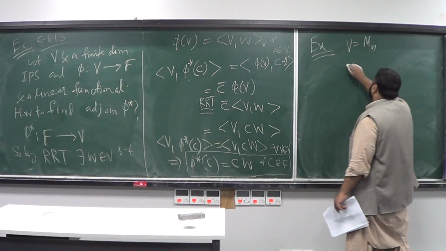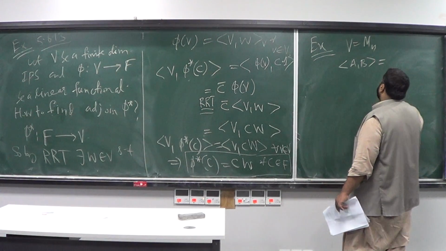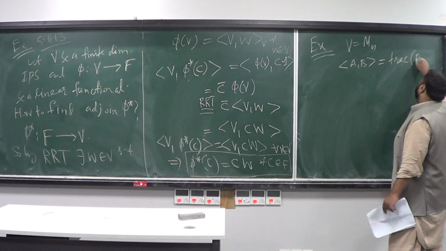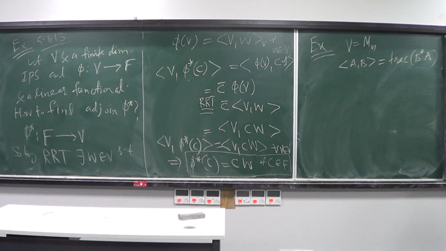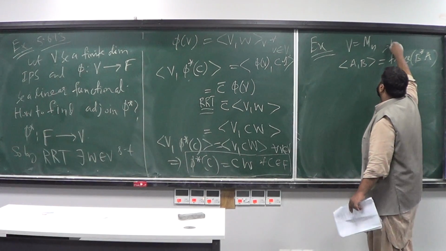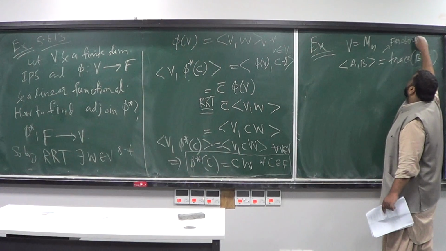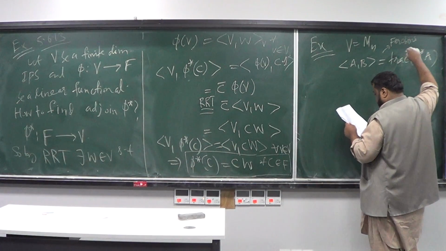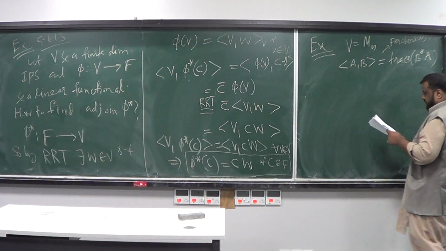In other words, the inner product of A and B is equal to the trace of B star A. This is called the Frobenius inner product.